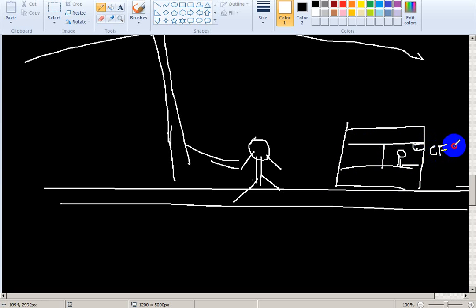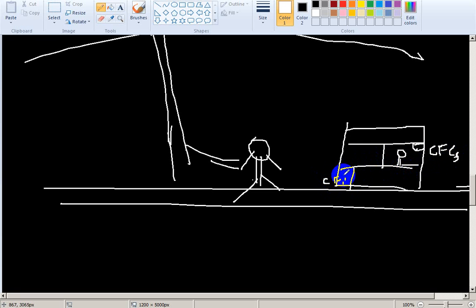It warms the environment. This house also has a refrigerator, and from the refrigerator CFC, chlorofluorocarbon, is formed.